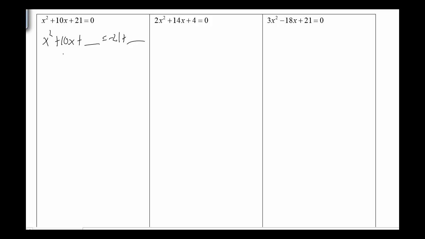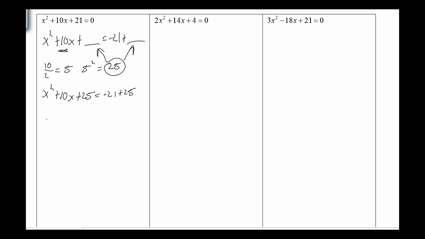Okay, so then from here, I want to look at that middle term. I want to divide it by 2, and then I want to square it. And that number right there is what's going to go in those two blanks. So x squared plus 10x plus 25 equals negative 21 plus 25.